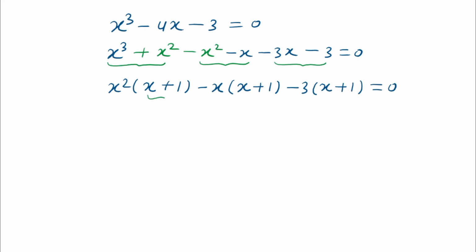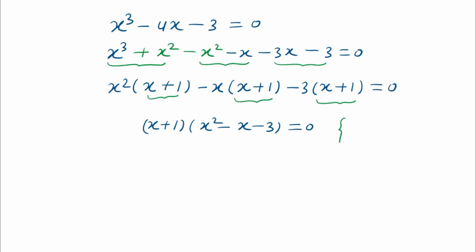Now x plus 1, x plus 1 and x plus 1 is common. So if we take x plus 1 common, then we get x^2 minus x minus 3, and this is equal to 0.